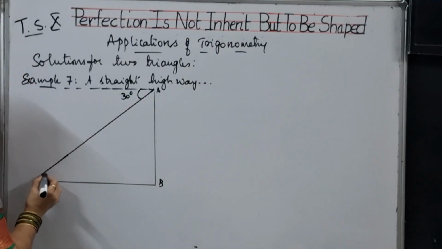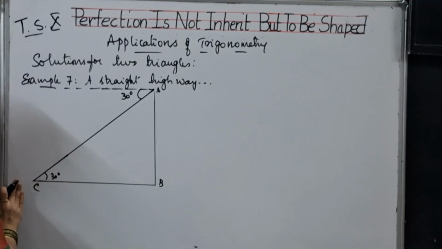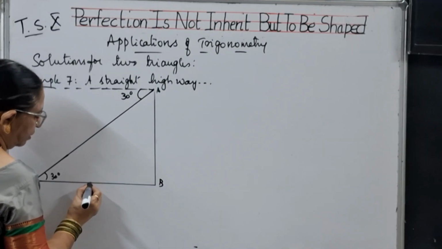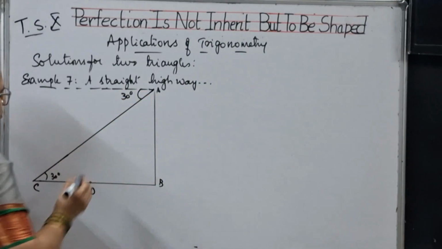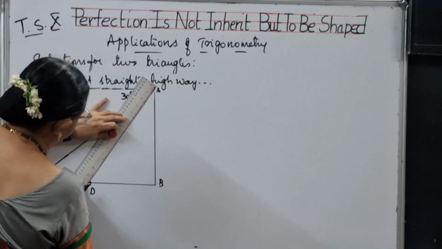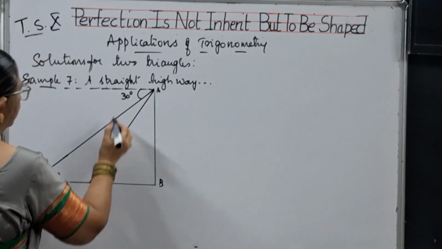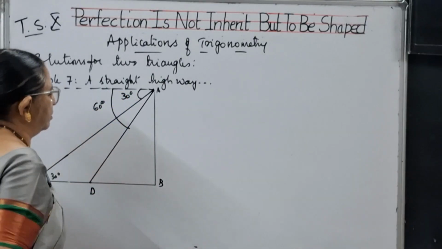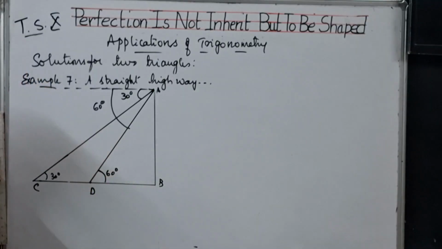If that is 30 degrees, definitely this will be 30 degrees. So the car is here. The car is moving with a uniform speed, and suppose it has come to this point D. So he has observed from A, and he found that the angle of depression changed from 30 degrees to 60 degrees. This is the angle of depression 60 degrees. That means this becomes 60 degrees.